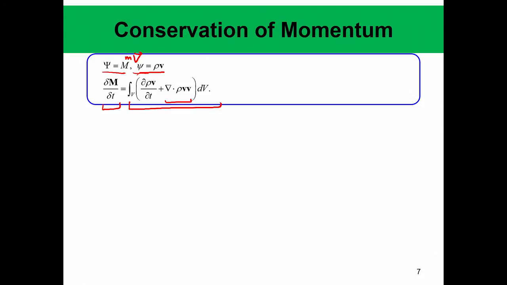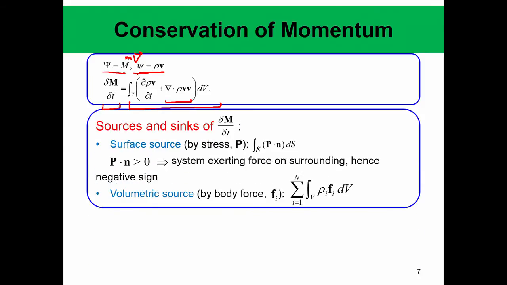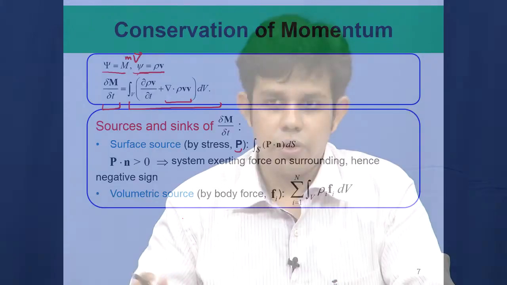Now of course there can be forces acting on this control volume, and there can be surface forces in terms of stress and pressure. This capital P is essentially a full surface force tensor, and it contains all sorts of force from pressure to different viscous stresses.